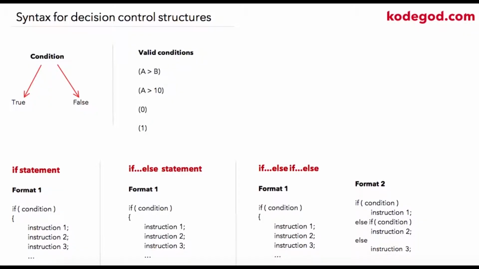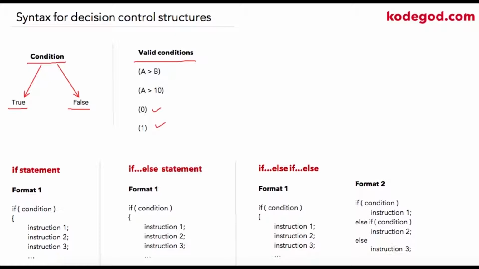Now we're going to check the syntax for decision control structure. As we have seen, all decision control structures will have a condition associated with them. Every condition will hold a result which can be evaluated to either true or false. These are a few valid conditions: a greater than b, a greater than 10, 0 and 1. How are these valid conditions?